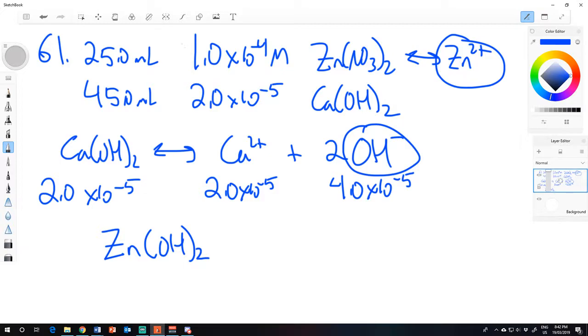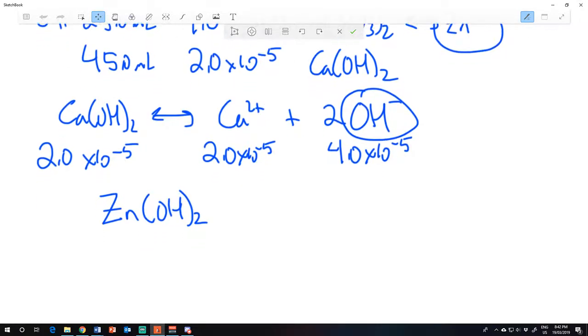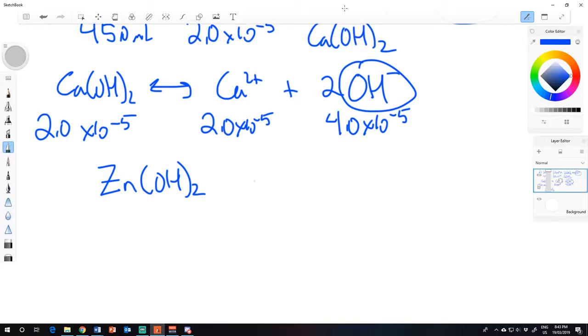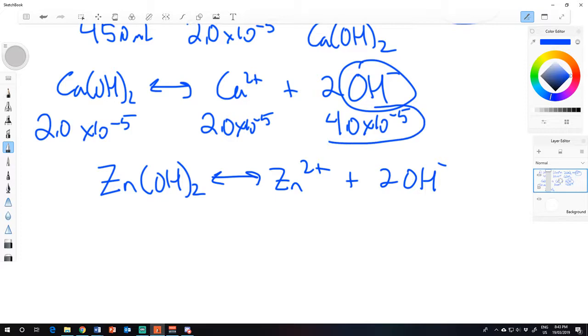Okay. So then our KSP will be as follows: zinc plus 2 OH minus. I have the concentration of the OH. The zinc I can pull from. Oh wait, but I'm mixing them, aren't I? Yeah, okay. So I have to actually calculate stuff.